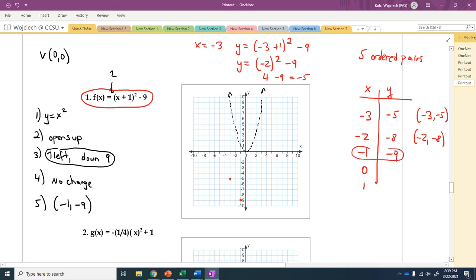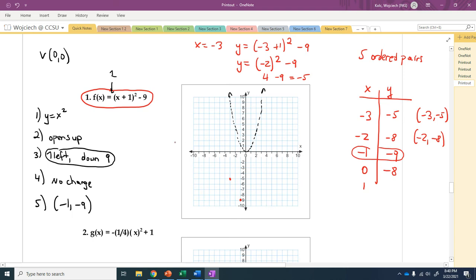That's your vertex. Now, do you recall that parabolas are symmetric? So if negative 2 gave you negative 8, 0 should also give you negative 8. But let's check it. If you put 0 for x, what's 0 plus 1? 1. What's 1 to the second power? 1. What's 1 minus 9? Negative 8.